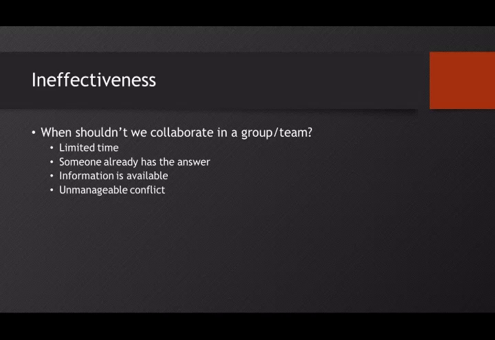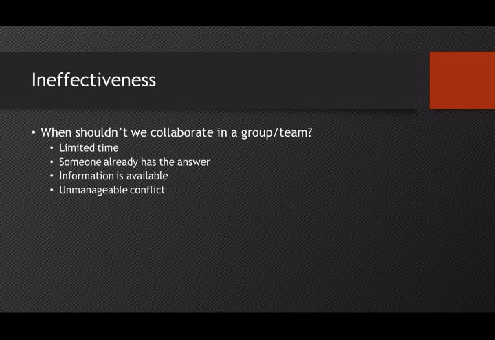The answer has already been found. And this is especially relevant in creative groups or problem-solving groups. If there's already an answer or solution that's best, then you don't need a group. If there's already a creative solution that's the best or the answer to the problem, again, that's the direction you should go. There's no need for a group to collaborate.